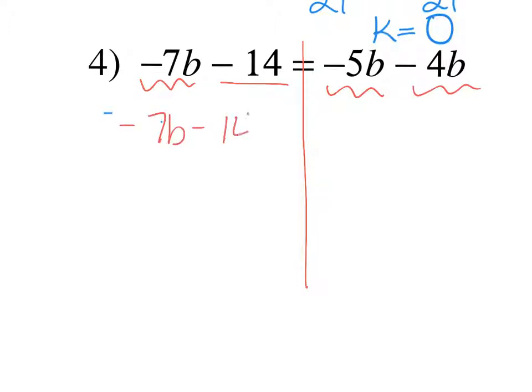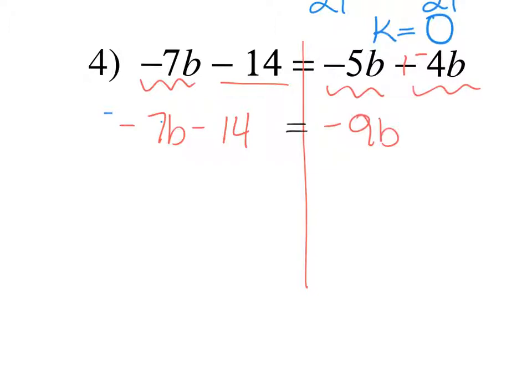There's no like terms to be combined. But on the right-hand side, I have -5b minus 4b. This is a keep, change problem. I'm going to keep my -5b, change this, and change that. So change it to addition, and then the 4b becomes negative. So now I have -5b plus -4b. It's a bunch of negatives, so I'm going to call that -9b.